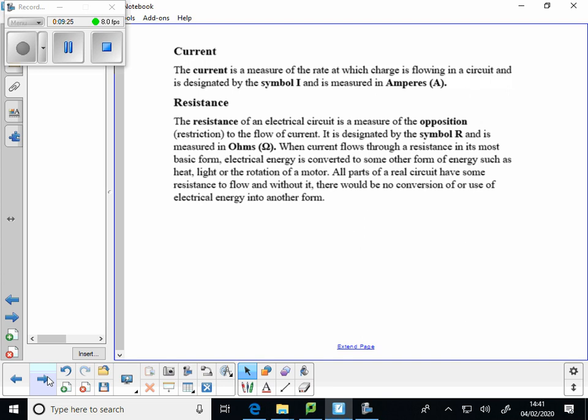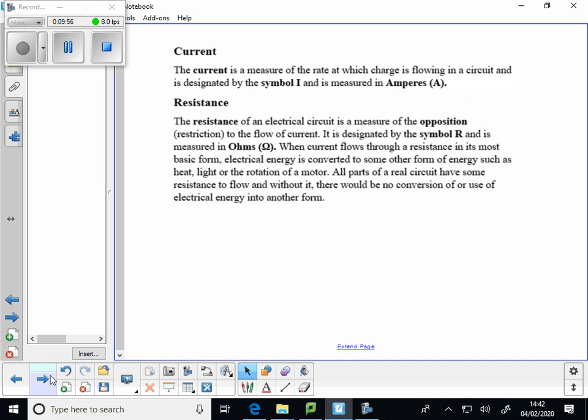Because as you already know, we covered in science, resistance in an electrical circuit is the opposition to current flow. And that's all this relationship with Ohm's law, where if you put the resistance up, keeping the voltage the same, the current will go down. Put the resistance down, the current will go up. Alternatively, increase voltage, current goes up. Decrease voltage, current goes down. So that's that Ohm's law relationship. All right?